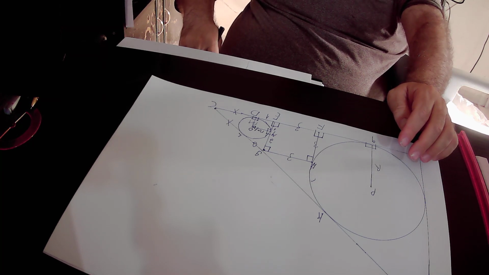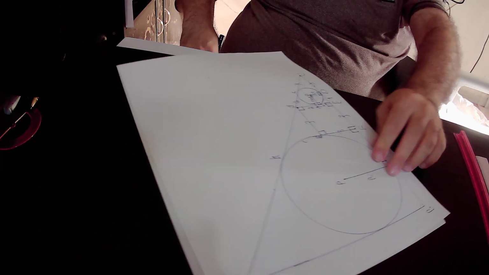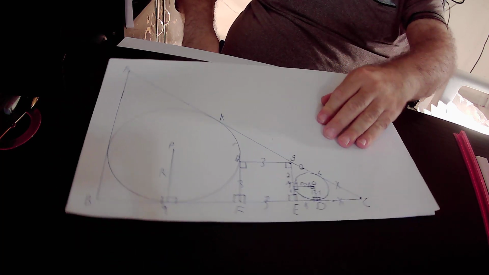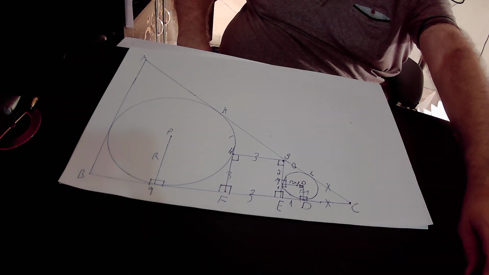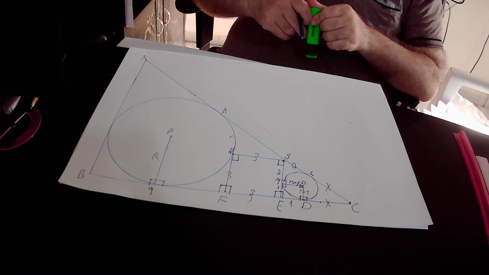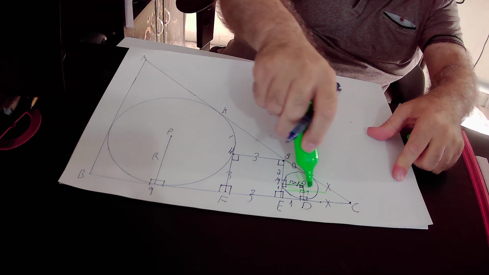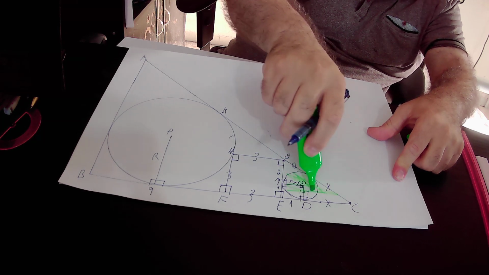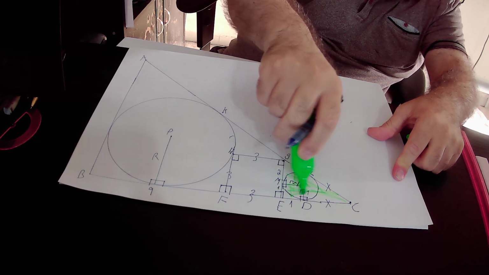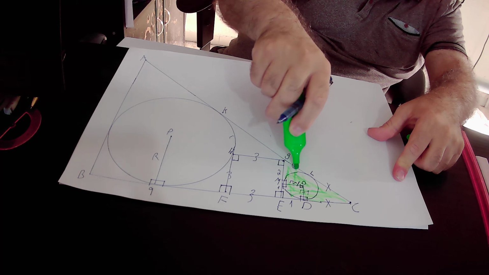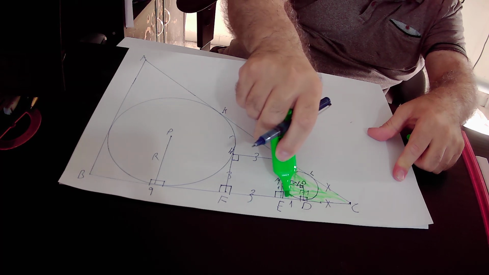So in the next step, we will implement the Pythagoras theorem on the right green triangle, triangle GEC.